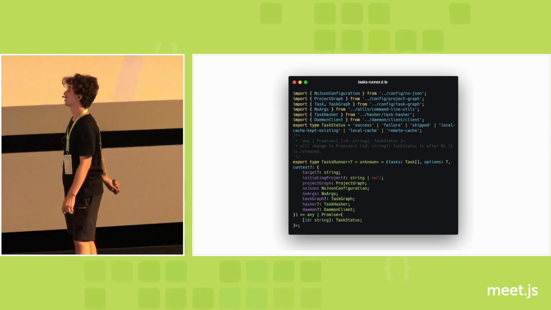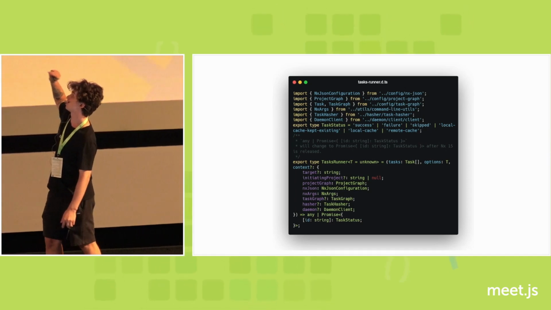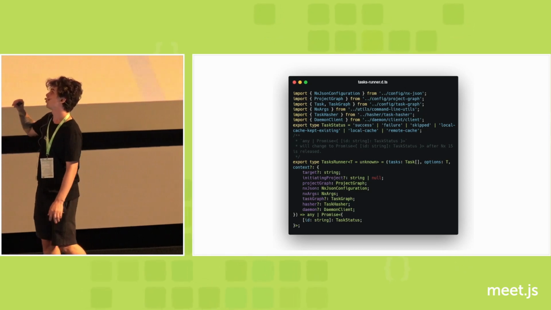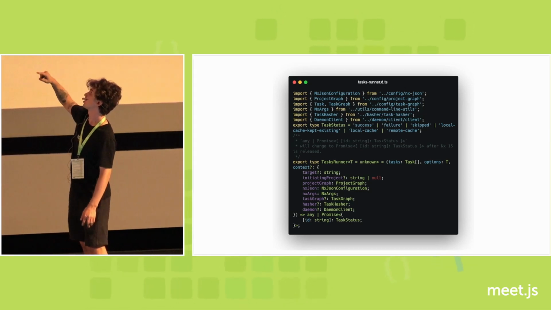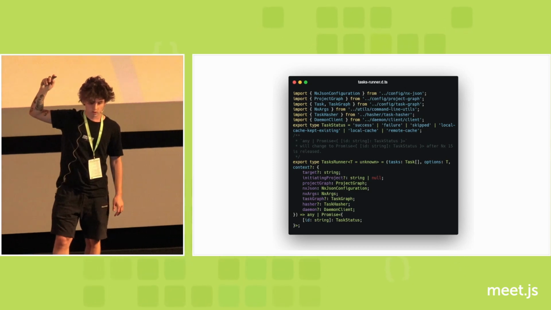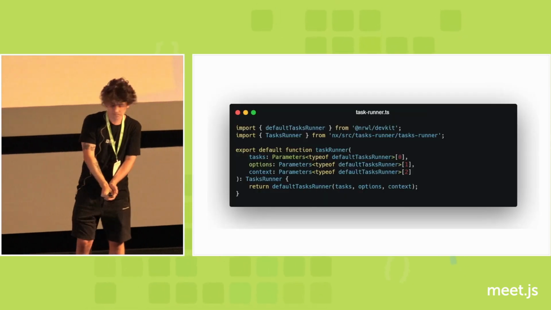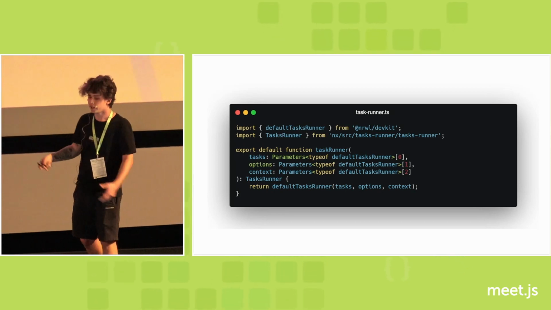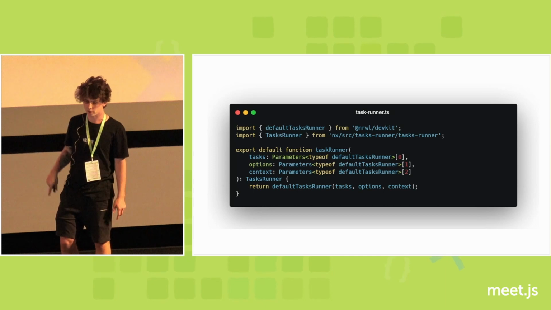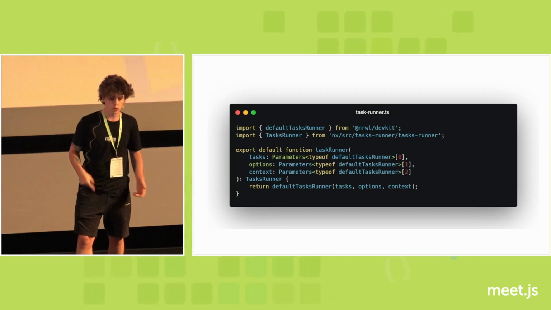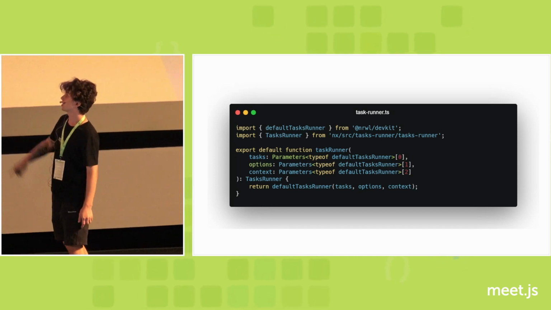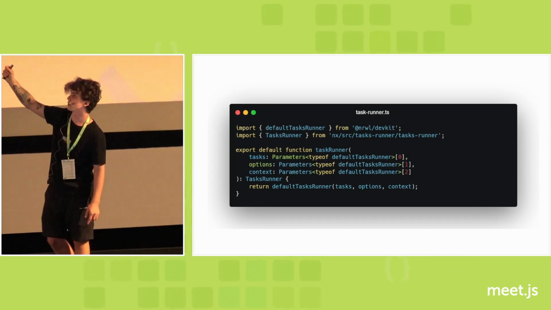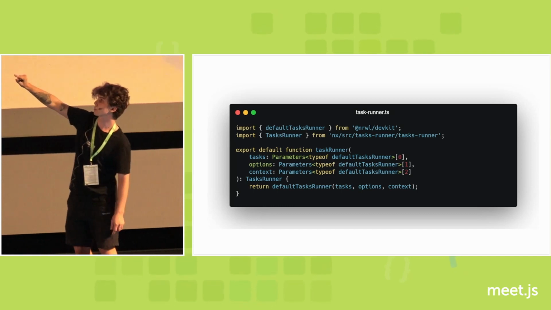This is a long story. You can research these three arguments, but this information is enough for us because we just need to export a method with these three arguments. So with this knowledge, we can create a TypeScript publishable library with one exported file, task runner as a default, with three arguments, tasks, options, and context, which returns tasks runner.